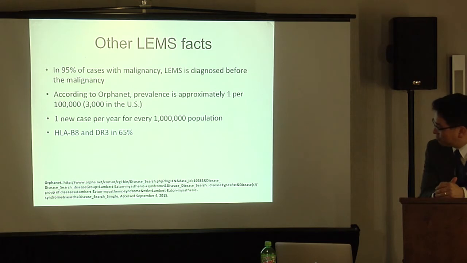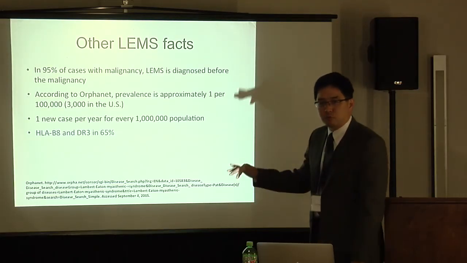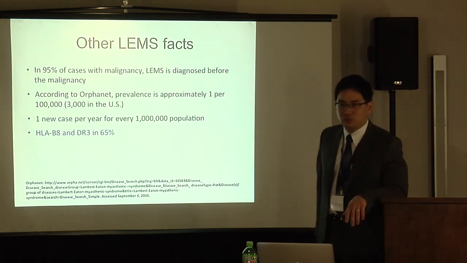So 65% of patients with LEMS, at least the non-cancerous form, have a particular HLA type, which is a way the body declares what kinds of proteins to ask the immune system to pay attention to. So it's an immune system set of genes, for those of you who are not familiar with it. A lot of autoimmune diseases are associated with particular HLA types.